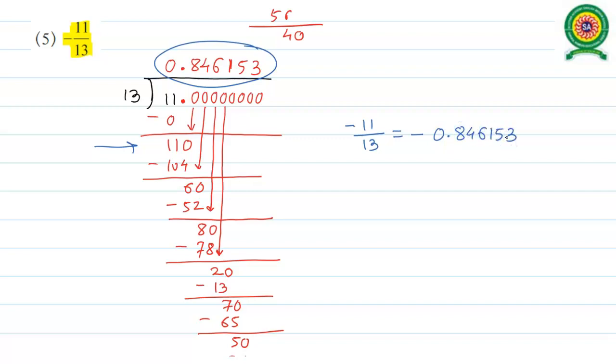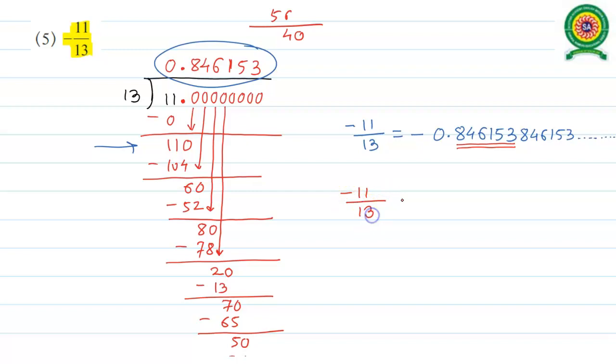If you carry out the division further, you get the same set of digits, 846153, 846153, and so on infinitely many times. If we look at the digits after the decimal, the same set of digits is repeated infinitely many times. Which set do we have? 846153. So we write our answer now.